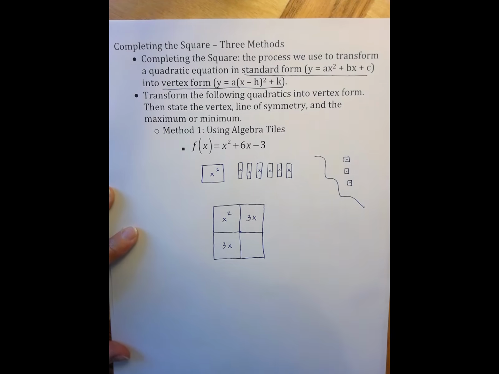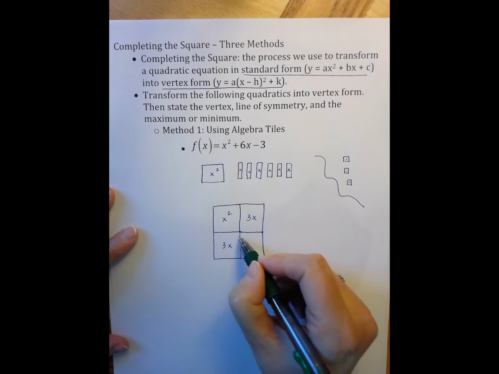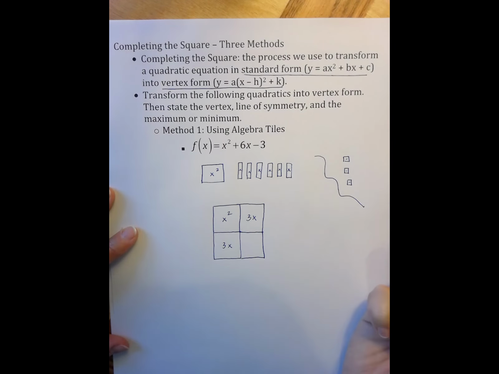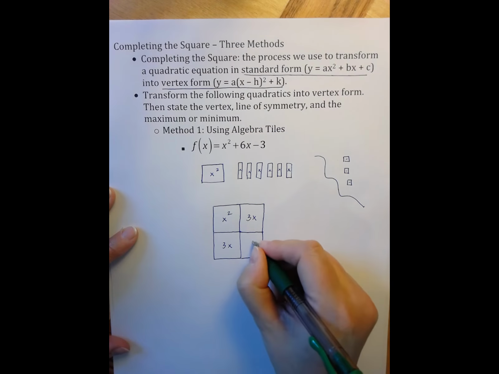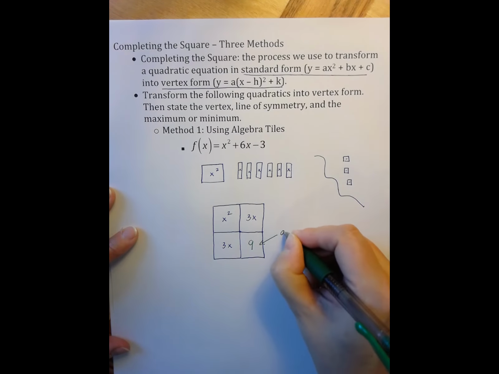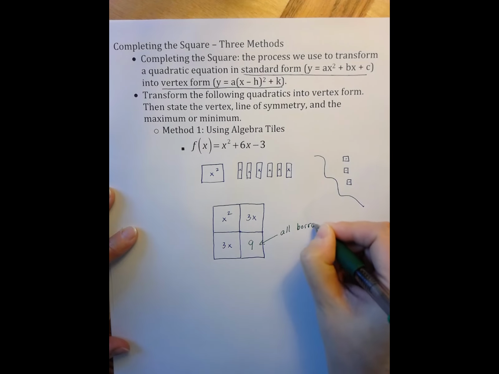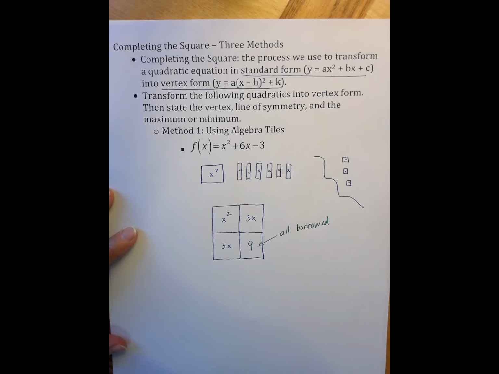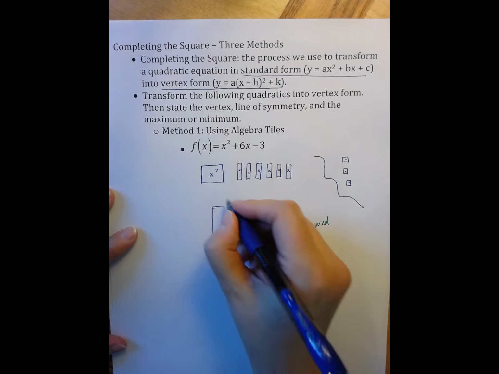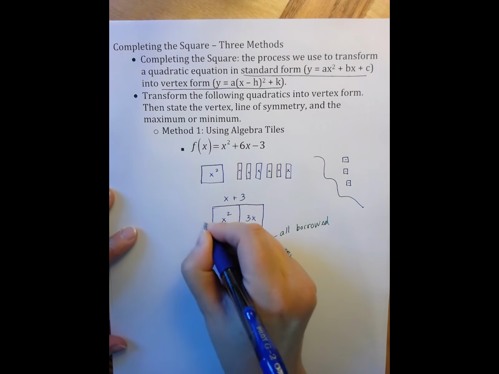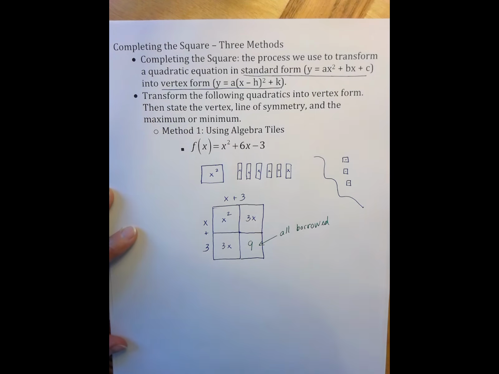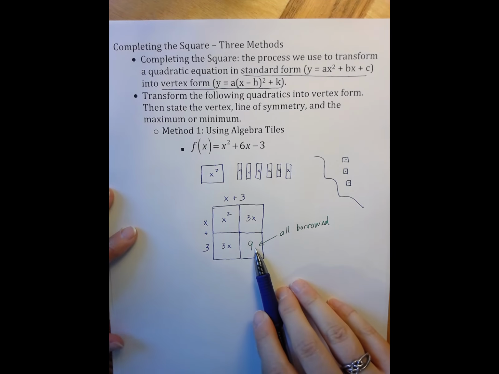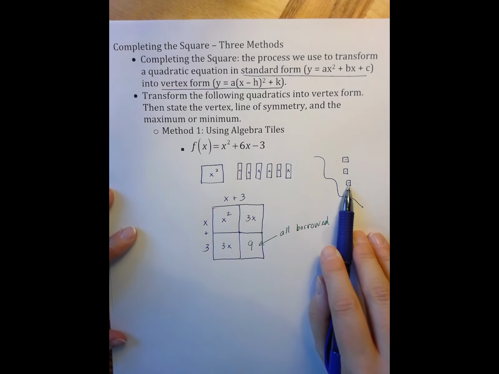And in this case, my remainder piece here, I don't have any little unit tiles to fill in. In fact, I have to borrow 9 tiles, and these were all borrowed in order to make my square. And then the dimensions of my square are going to be x plus 3 and x plus 3. And in order to get this borrowing business, I've already had to borrow 3 of them.